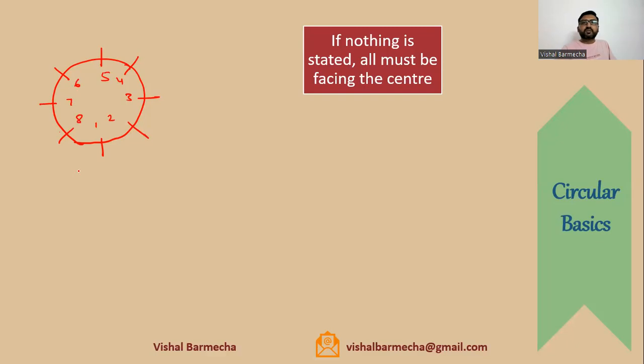So sometimes they'll tell you that 3 of them are facing the center, 5 of them are facing away from the center. अगर ऐसा बोल दिया है then of course you will accordingly accommodate for that. बट अगर ऐसा नहीं बताया है, अगर आपको कुछ बोला ही नहीं गया है, देन यू हैव टू टेक अ स्टैंडर्ड assumption. आपको ये समझना पड़ेगा दैट दे ऑल आर फेसिंग द सेंटर. सो इफ नथिंग इज स्टेटेड, सबके सब सेंटर फेस कर रहे हैं, राइट.